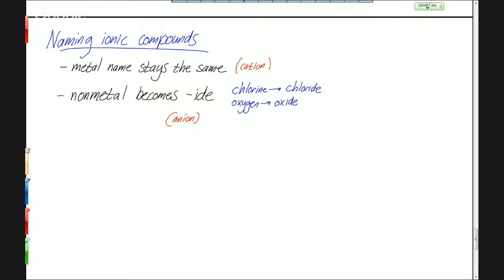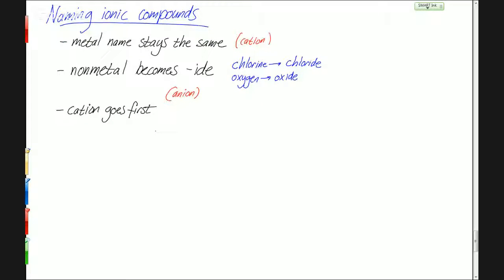And then the cation goes first. And if the metal can have more than one possible charge, we have to specify that. So I'm going to write that rule now. First, we're going to just look at some where that's not the case, and then we'll look at those special cases.